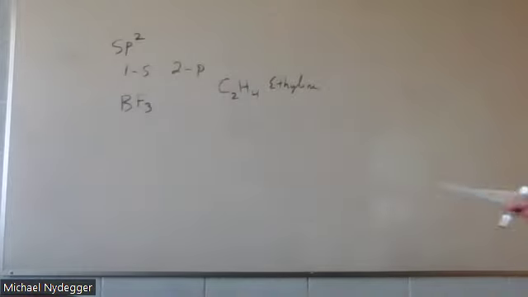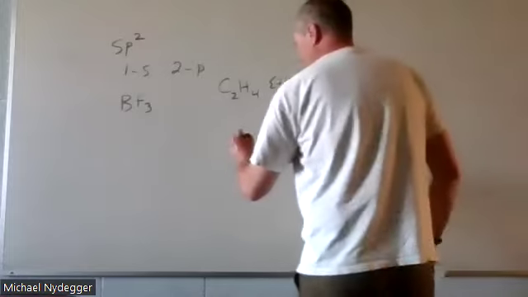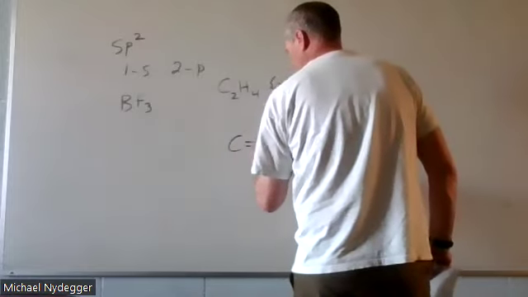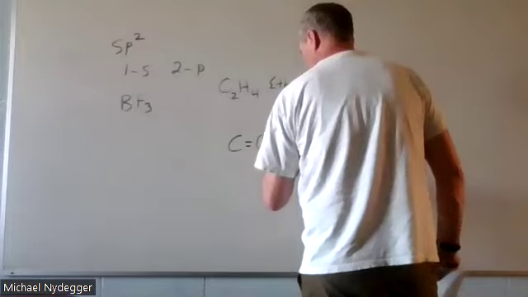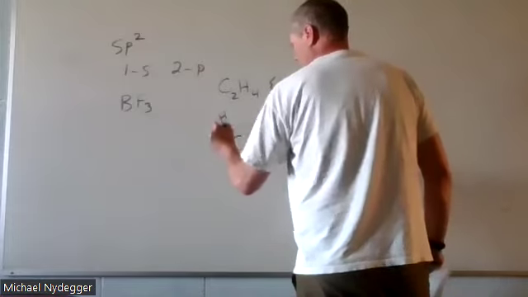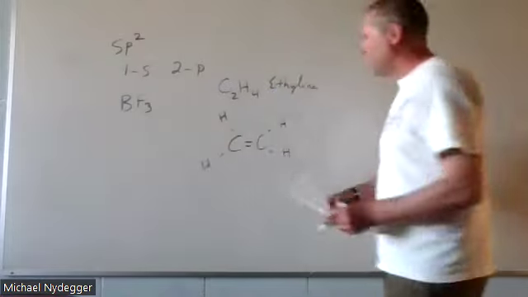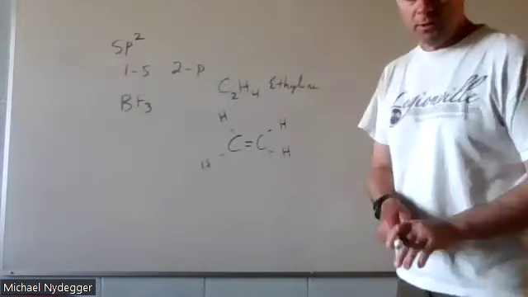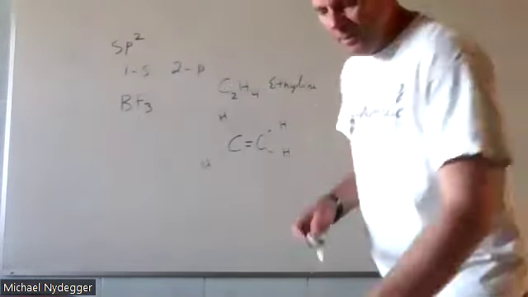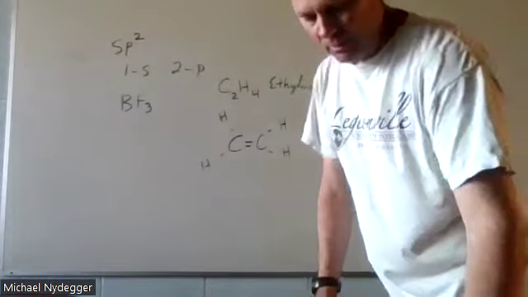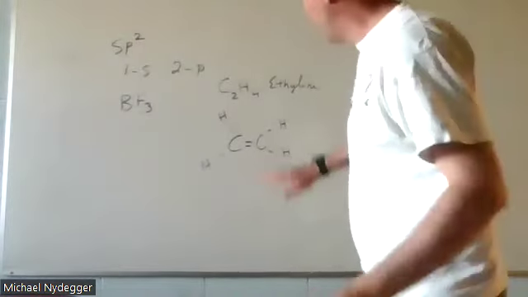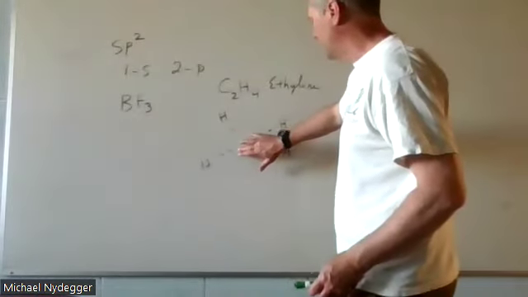It causes them to actually ripen. So if we were to draw this molecule, if you look at each carbon, we're going to make one green and one red.